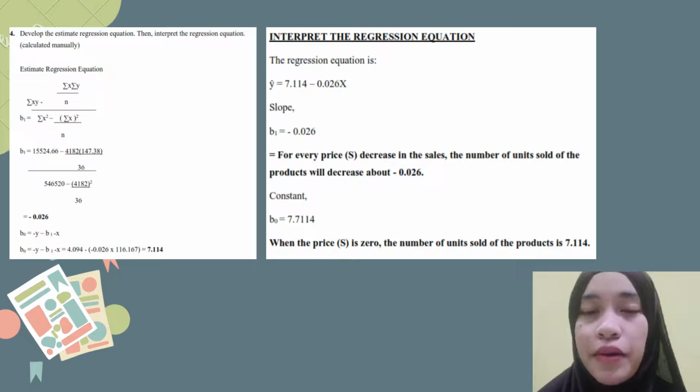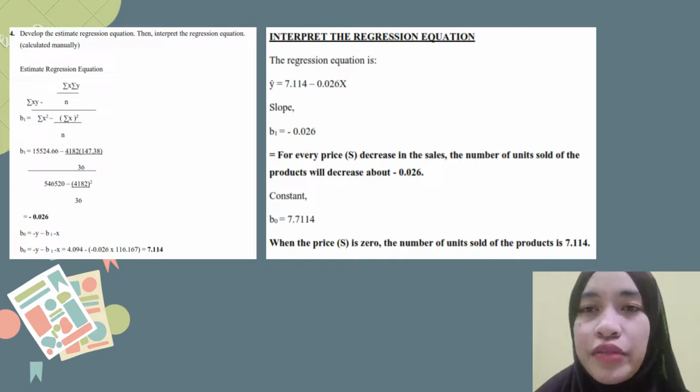Now, I will present part B number 4. The question is, develop the estimated regression equation, then interpret the regression equation, calculated manually. Firstly, the estimated regression equation.